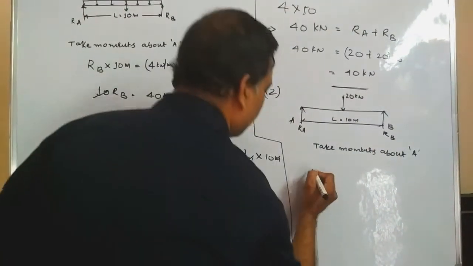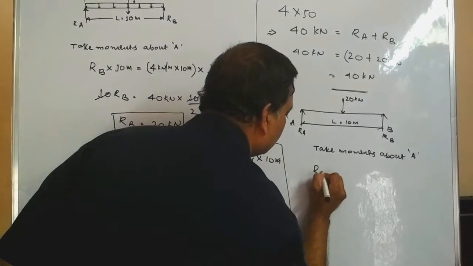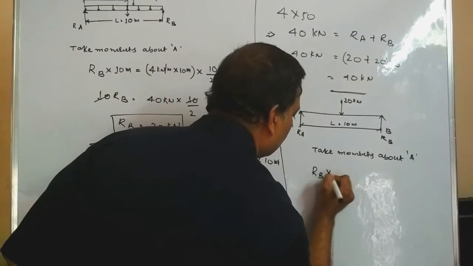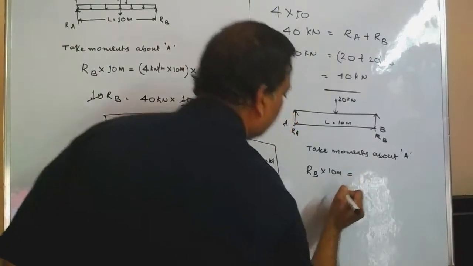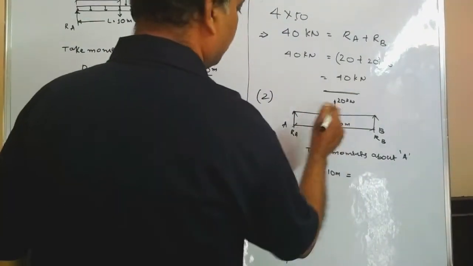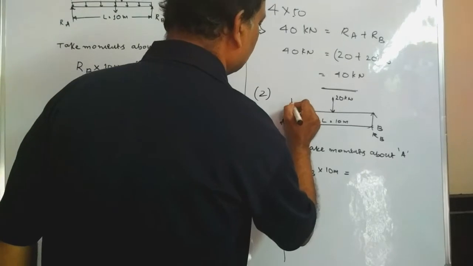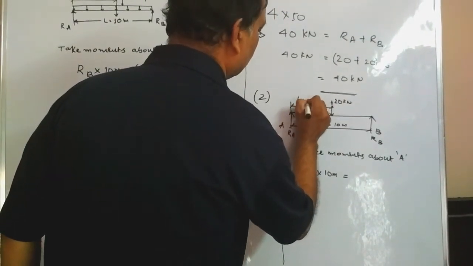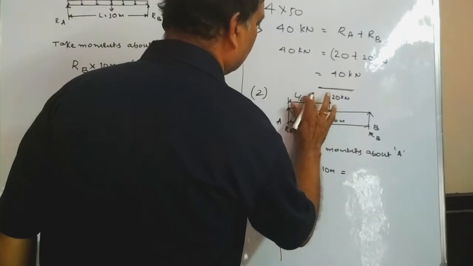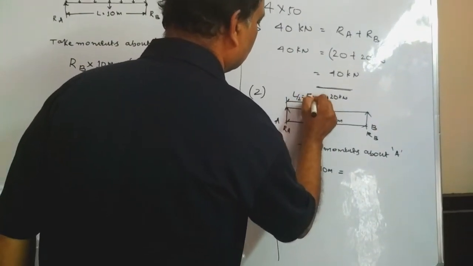When we take moments about A, force into perpendicular distance, RB into 10 meters, should be equal to 20. So we have assumed it to be acting at L by 2, which is 5 meters.